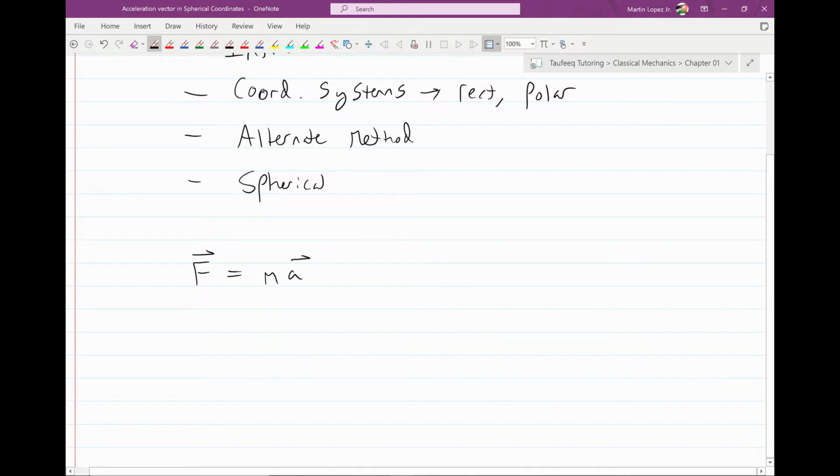What is the acceleration conceptually? It is the change of velocity over a change in time. Then we take the limit as the change in time goes to 0, and we translate this to the calculus definition, where the acceleration is the derivative of velocity with respect to time.